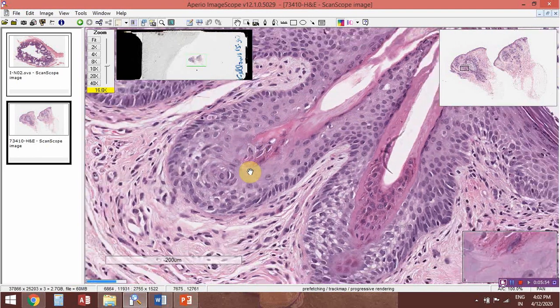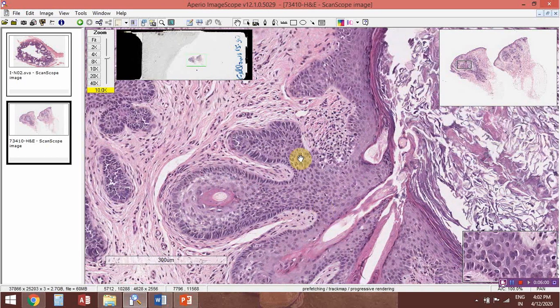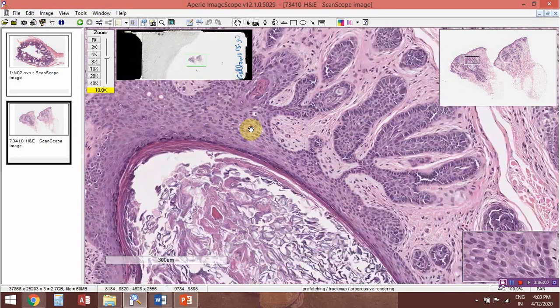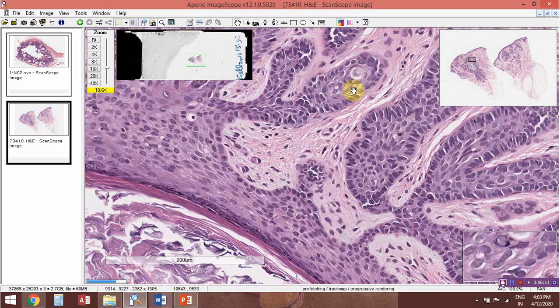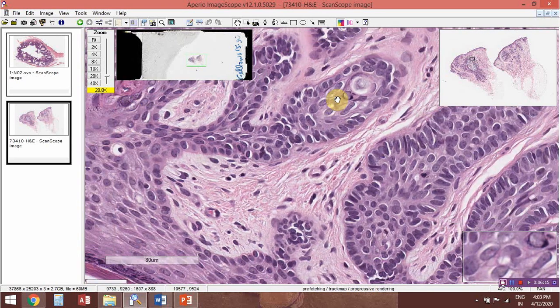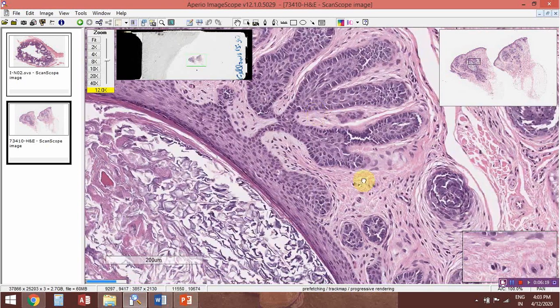This is the second follicle, here you can find a third follicle, so they are in different stages of development. Here you can see they are still trying to develop the hair. This is another hair follicle, attempting the formation of hair.